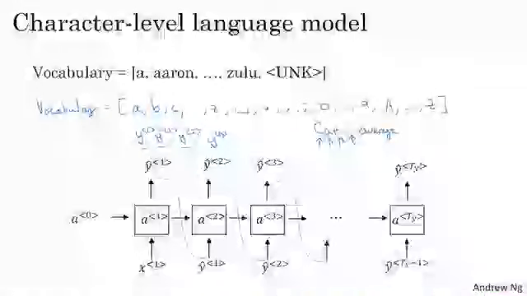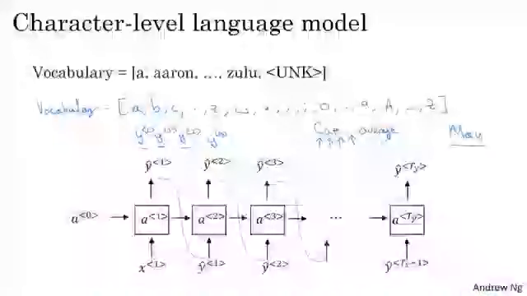One is that you don't ever have to worry about unknown word tokens. In particular, a character level language model is able to assign a sequence like "Mau" a non-zero probability, whereas if "Mau" was not in your vocabulary for the word level language model, you just have to assign it the unknown word token. But the main disadvantage of the character level language model is that you end up with much longer sequences.